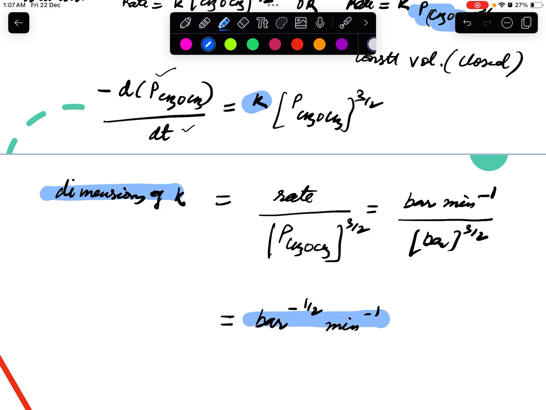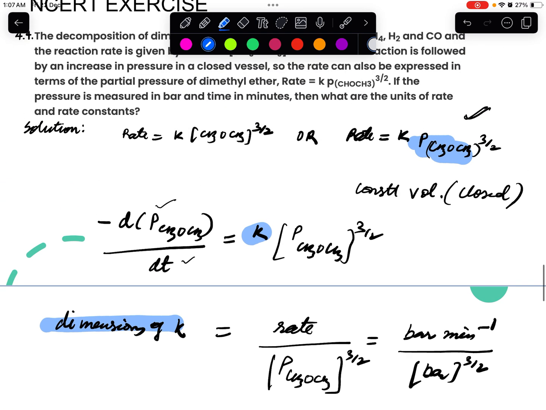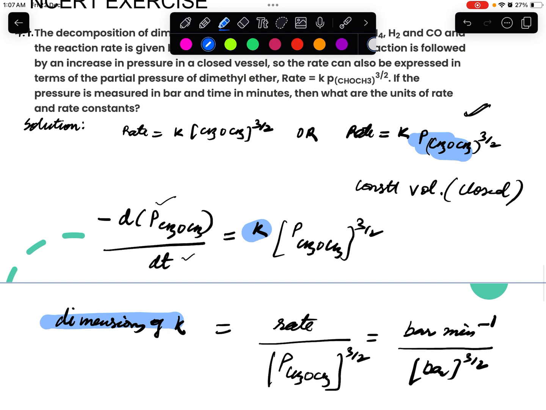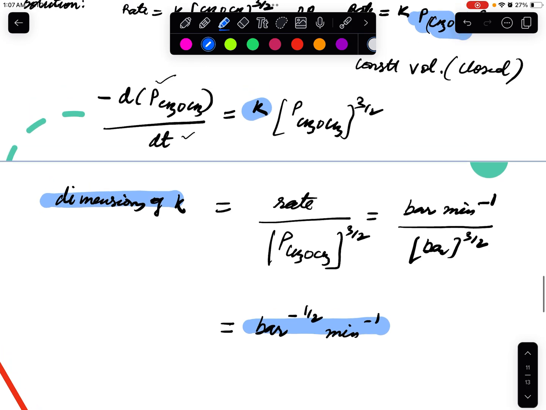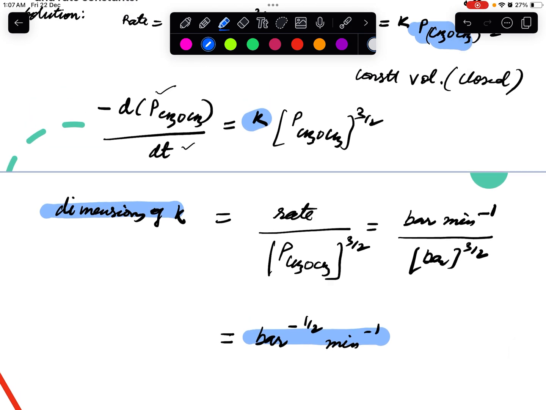What is the unit of rate? From this expression, the unit of rate will be bar per minute, since partial pressure is in bar and change in time is in minutes.